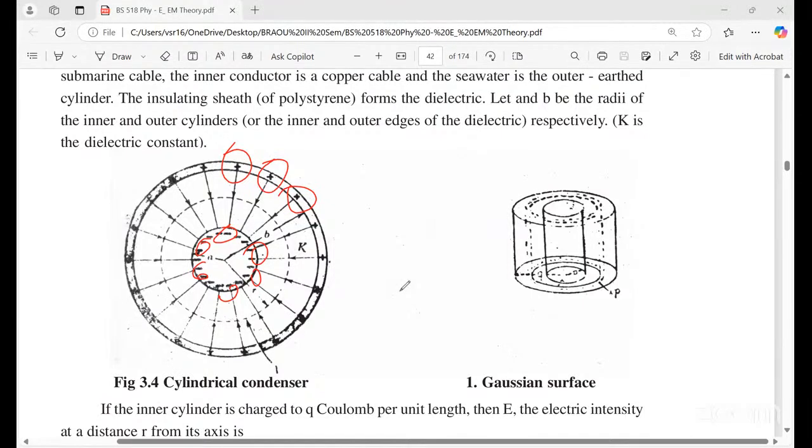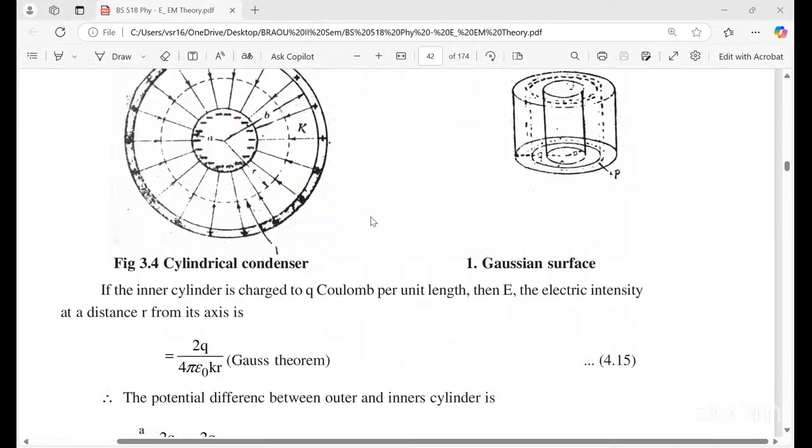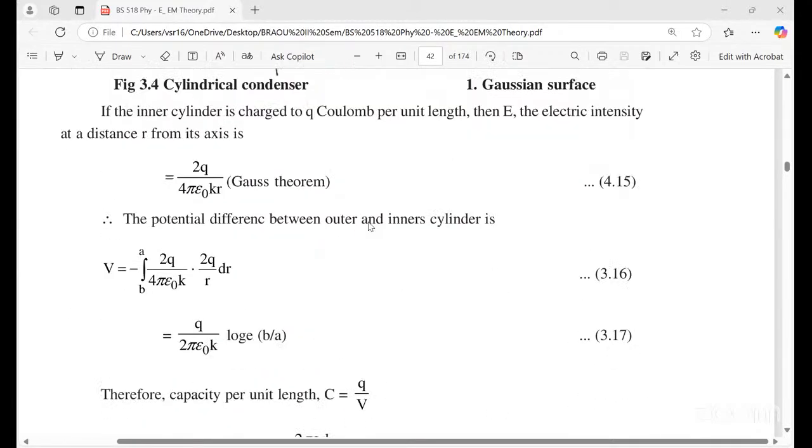So you can imagine a Gaussian surface, indicated by the dotted lines. There, if you want to calculate the intensity of the electric field, it is given from the Gauss theorem, surface integral E dot ds equals Q by epsilon naught.